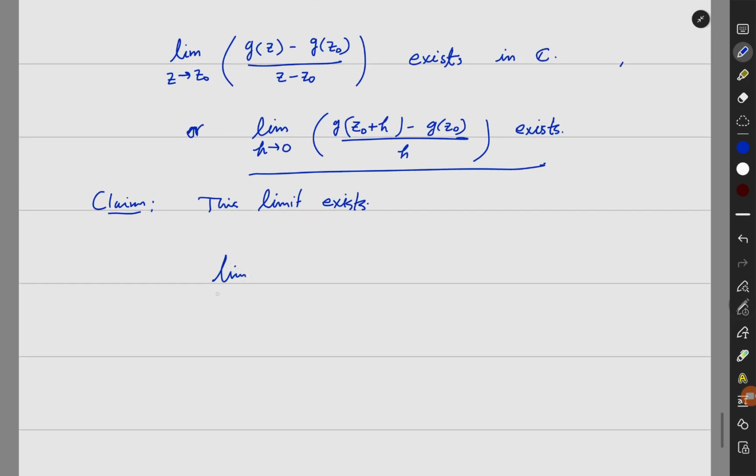Limit h tending to 0 of G of z naught plus h minus G of z naught, where G of z naught is equal to f of z naught bar, the whole bar, divided by h. So this limit can be written like this.